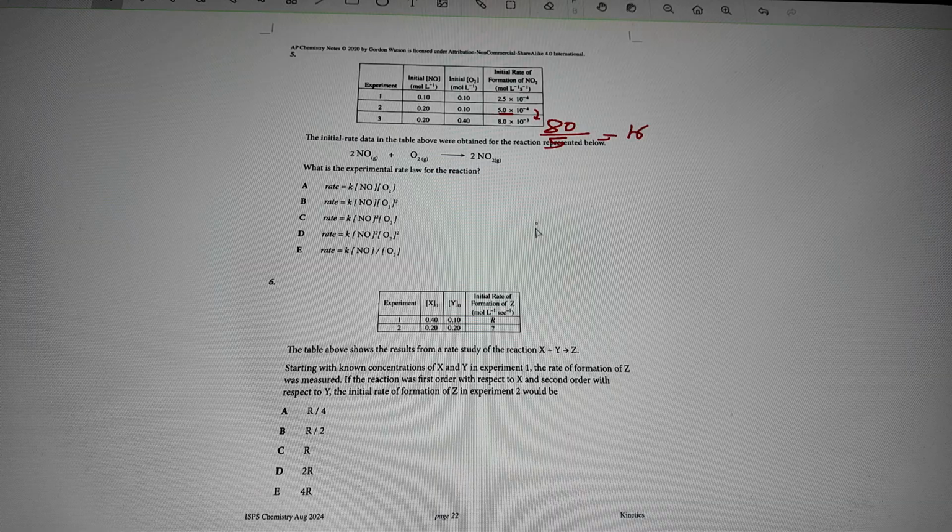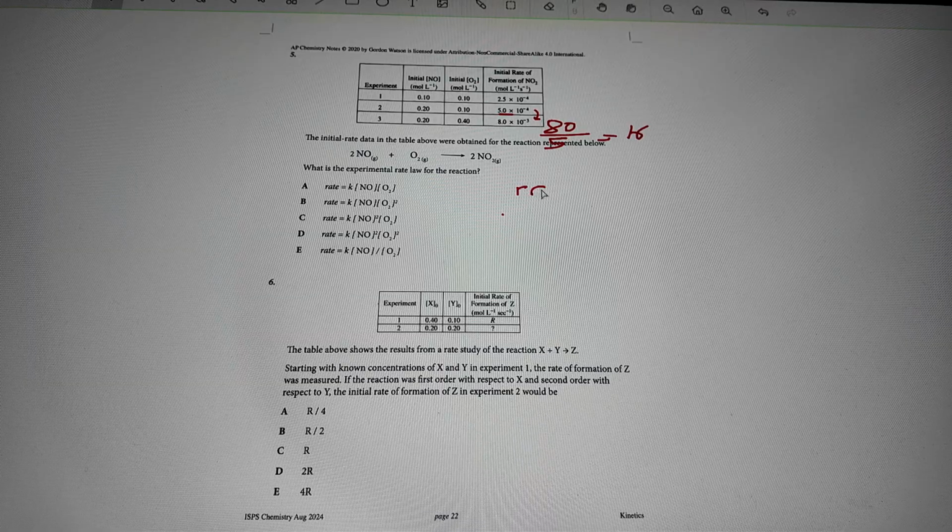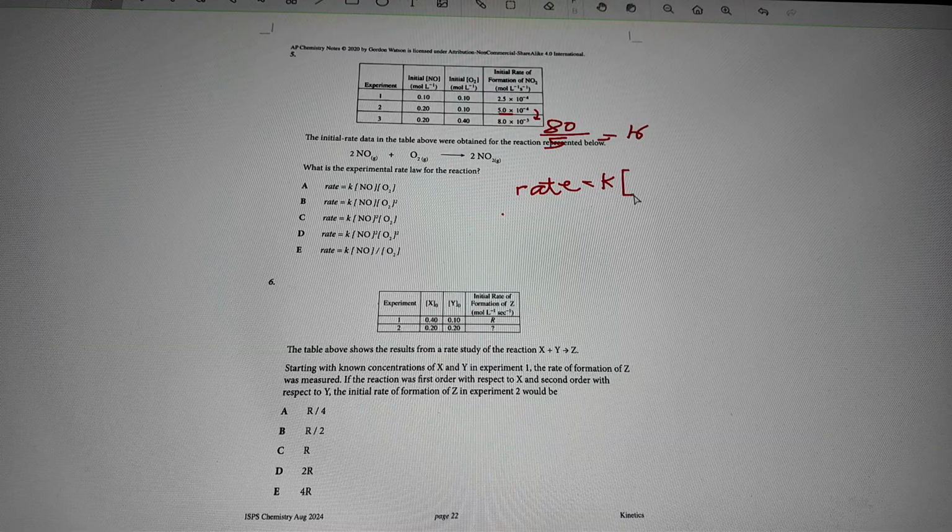Oh, so this is kind of easy. So it would be NO, just when you double NO, it just doubles. But when it's first order. So here we could just write a rate, right? And that equals K. And so when you double NO, it just doubles.